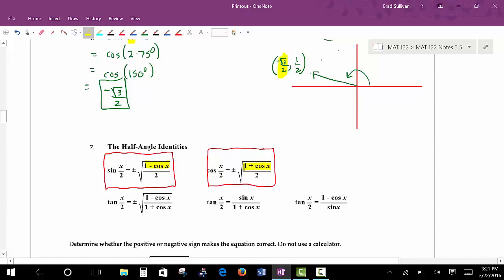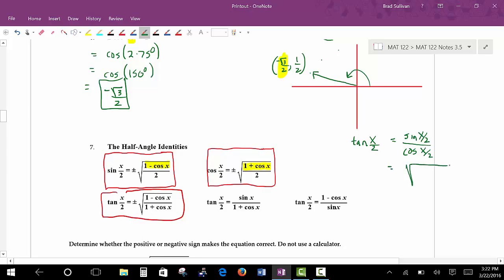Then you want to notice this tangent identity and where it comes from. It's actually pretty easy to see a derivation of this, so I'm going to do a quick little derivation. If you remember the sine and cosine identities, it's pretty easy to find the other one. The tangent of x over 2 would just be equal to the sine of x over 2 all over the cosine of x over 2.